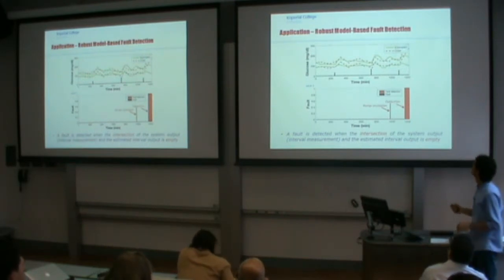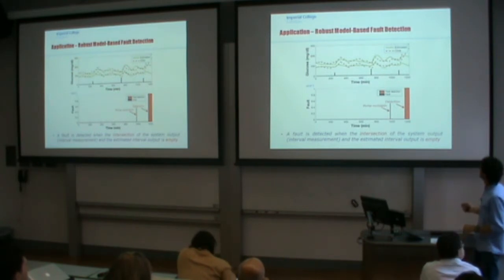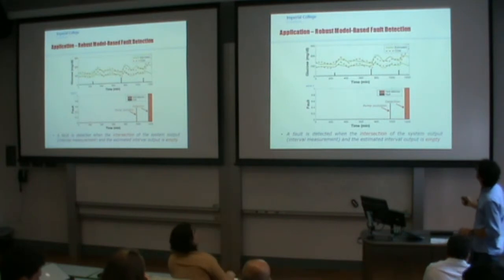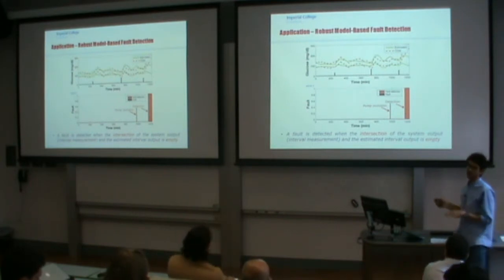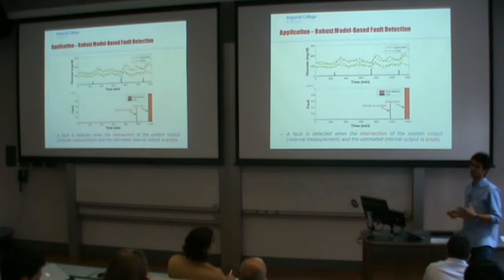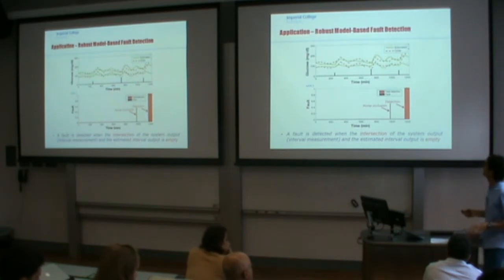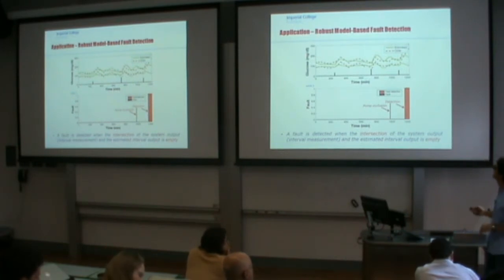Here we see that we have a pump occlusion, and we see that we have no intersection between the envelope of the glucose measurement and the envelope of the estimation at this point. We tried that in a simulator, an FDA-approved simulator, and it works pretty well. We still haven't tried it in the clinic. That's one thing we have in the pipeline.